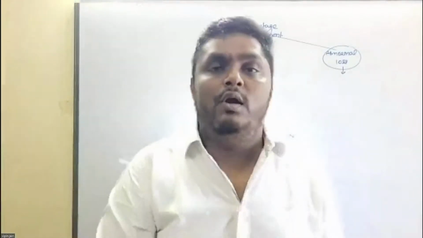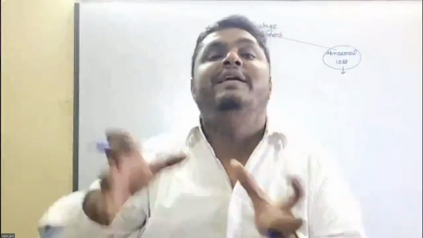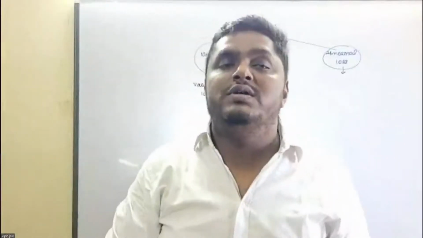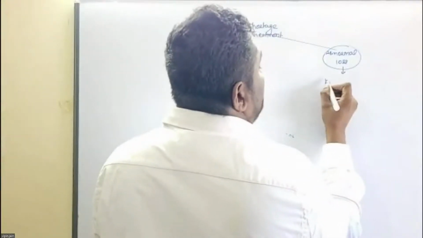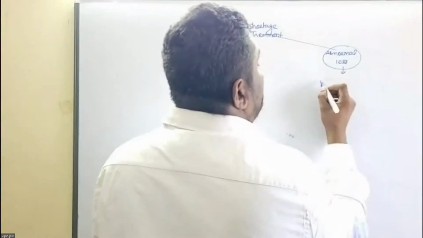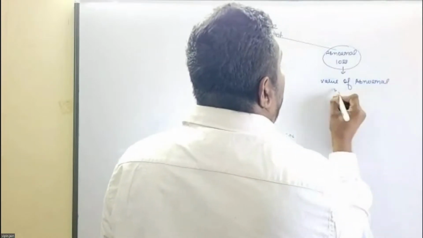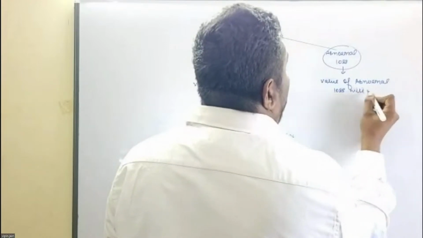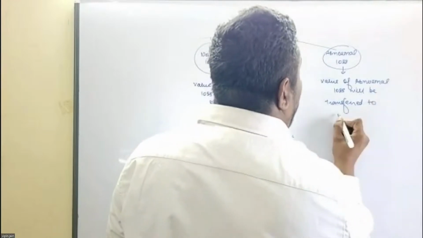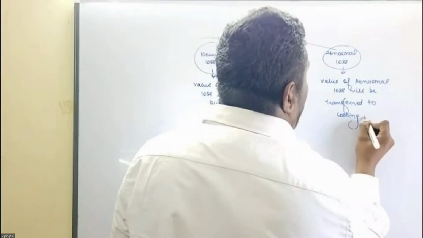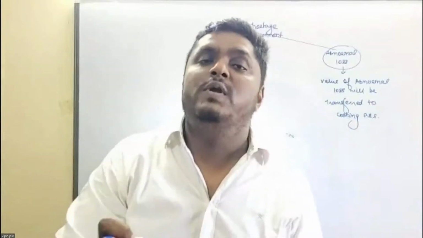When talking about abnormal loss, whatever the value of abnormal losses or abnormal shortages, it will be treated as loss and directly transferred to the costing P&L. So normal loss, the value of normal loss will be absorbed by good units.